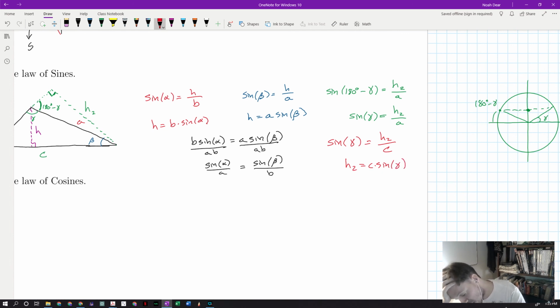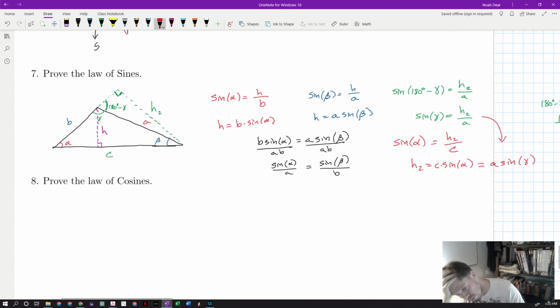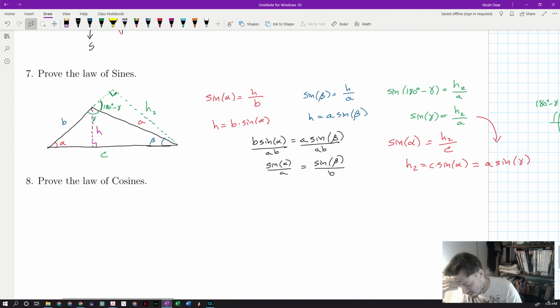And from this one here, I get that it equals A times sine of gamma. Sorry, that should be an alpha there. That's sine of alpha equals opposite is H2, hypotenuse is C.